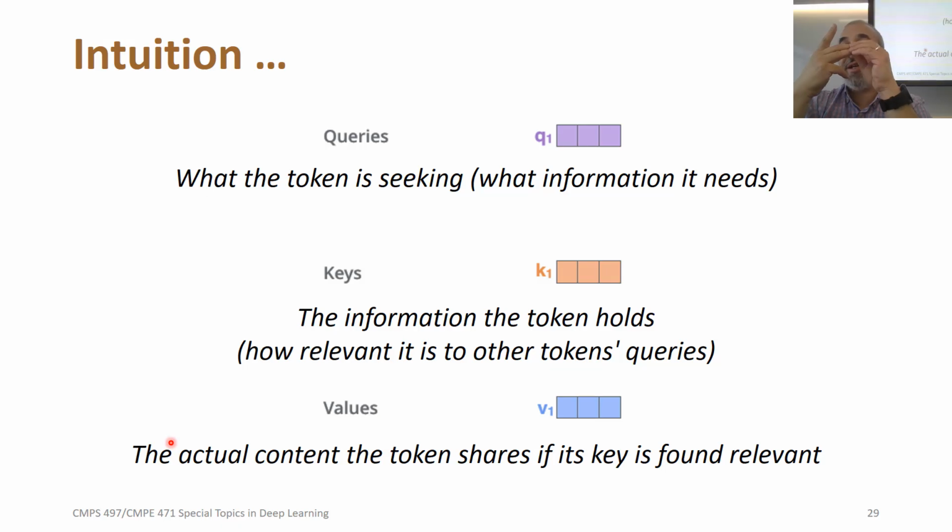I use the keys and queries to compute the dot products, which are the self-attention weights. And then after I compute the self-attention weights, I apply them to the values to get what I want. The input is just there to generate from it the three things.